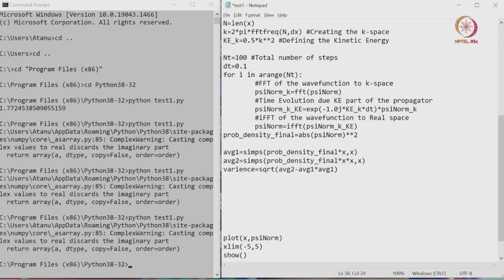Remember, it is the square root of the difference between the expectation value of x square and the square of the expectation value of x.